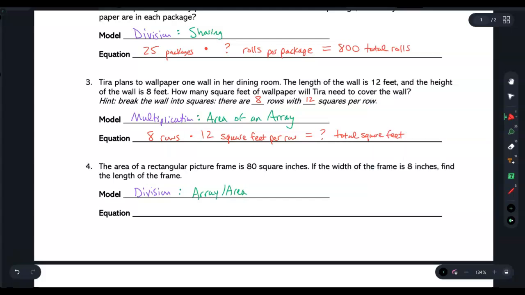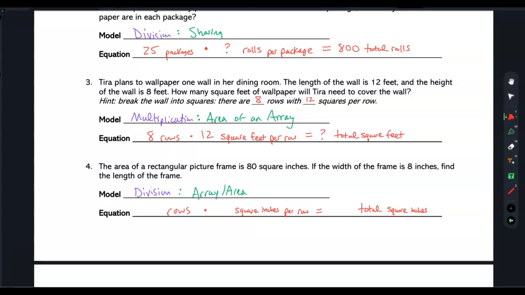So again, for my setup, I'm going to do it in terms of a number of rows times the number of objects per row. In this case, it's square inches. And then that would give me the total number of square inches, or the total area.